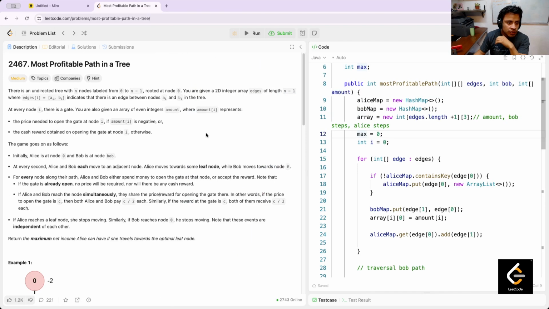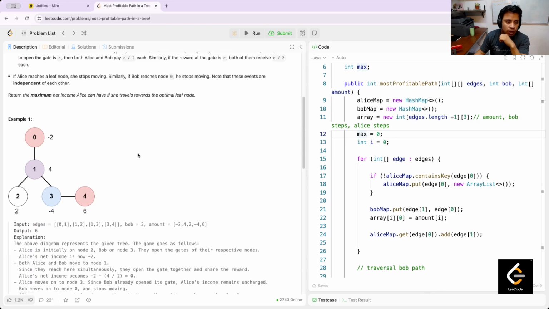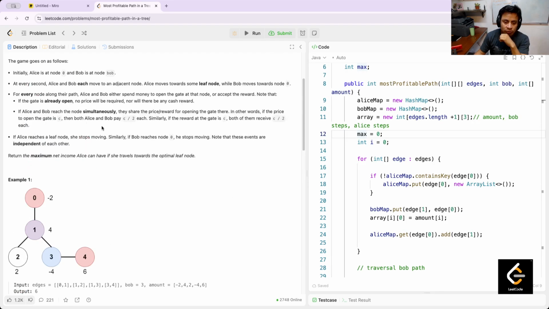As a summary of this problem, in essence we have one array that represents a directed graph, and we have two players. The first player is Alice, and the second is Bob. Alice always starts in node 0, the root, because the values in the nodes are between 0 and n minus 1.